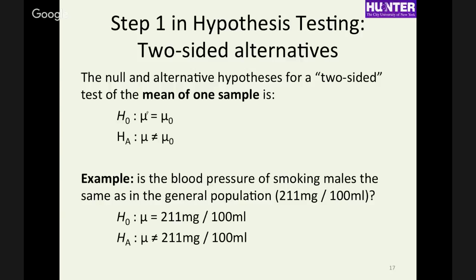This is my null hypothesis, that the mean of the population from which we're sampling is equal to mu naught, a hypothesized mean. And the alternative in the two-sided case would be that the mean is not equal. So it might be greater, it might be less. For example, is the blood pressure of smoking males the same as the general population? If the general population is 211 milligrams per 100 mLs, this is how you would write out your null hypothesis and your alternative hypothesis.